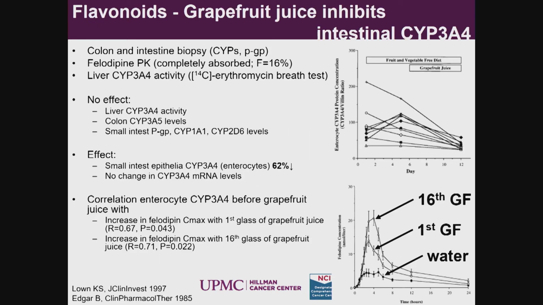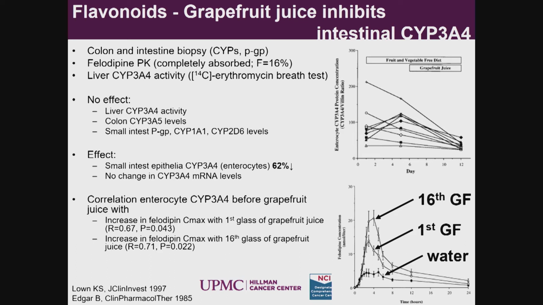Next, I want to discuss the flavonoids. And this is an interesting landmark paper where the effect of grapefruit juice is documented on felodipine PK. So this study documented colon and intestinal levels of CYP and PGP through biopsies. PK was documented and felodipine is completely absorbed, but the bioavailability is only 16%, indicating that metabolism is a big component of the bioavailability.